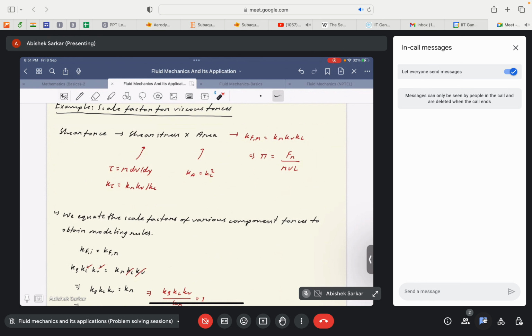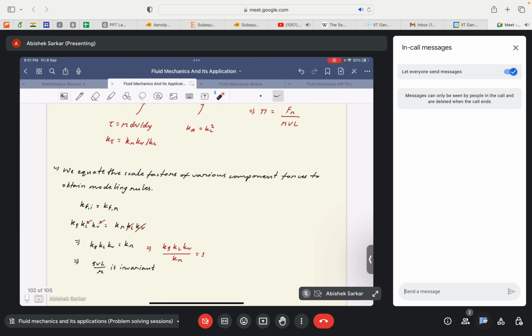Once we non-dimensionalize the equations, the two non-dimensional numbers that act as the coefficients in front of the non-dimensional forcing terms should balance each other. That's what I discussed in the previous approach.